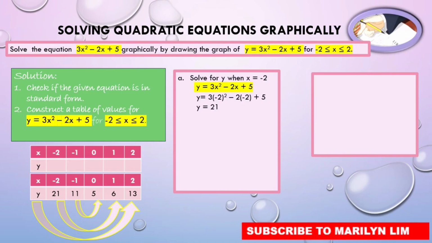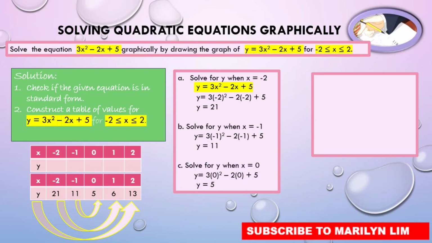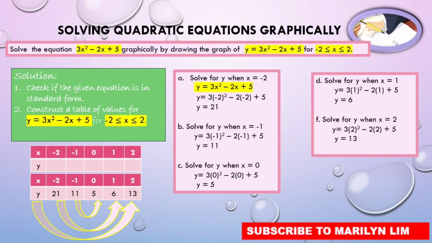Again, substitute negative 2 to the x's of your equation. Okay, let's continue. For b, x is negative 1. C, solve for y when x is 0. Just substitute 0 to all the x's there. And d, x is equal to 1 and e is equal to positive 2.